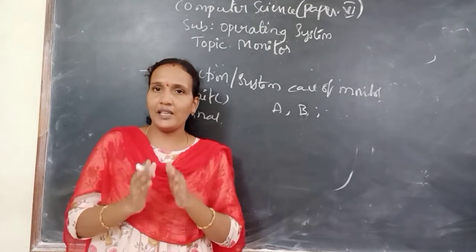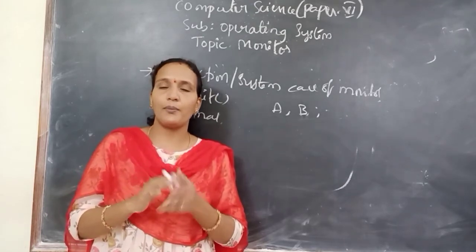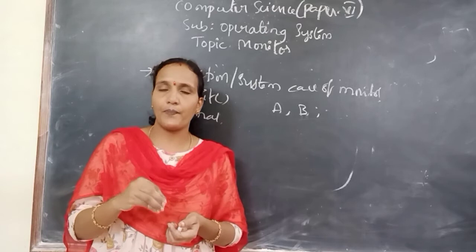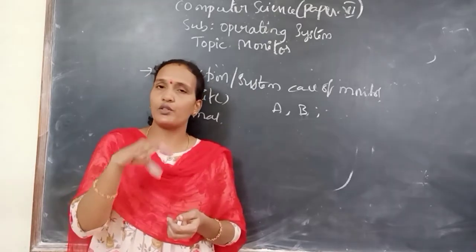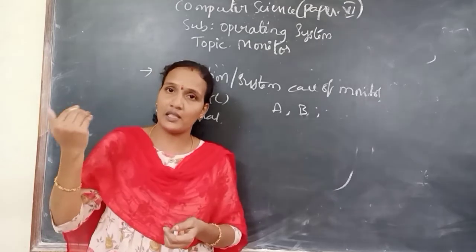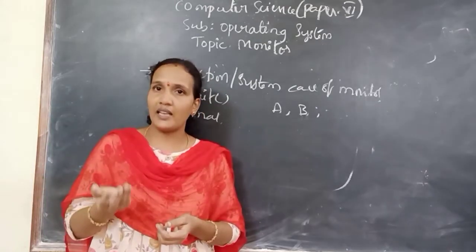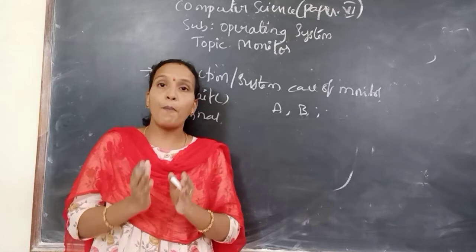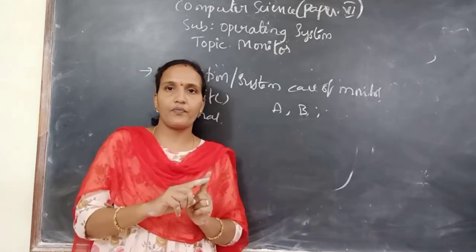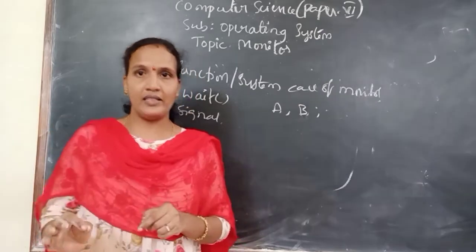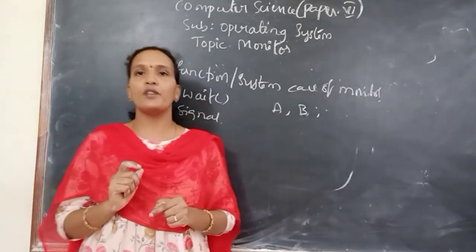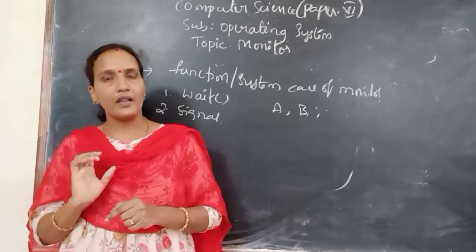Okay, so if any process is inside the monitor, only it can access the local variables and conditional variables of that monitor. But if any process is outside the monitor, it can access only the procedures of the monitor. Clear? Remember this point. An outside process can access the procedures of the monitor if they want to access.